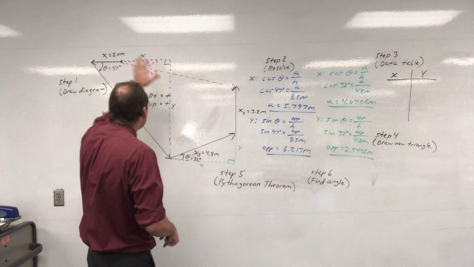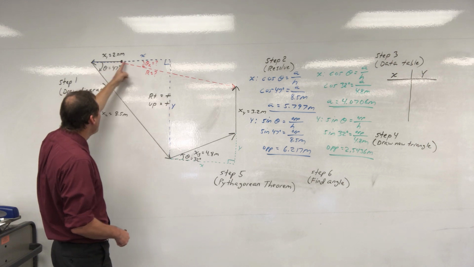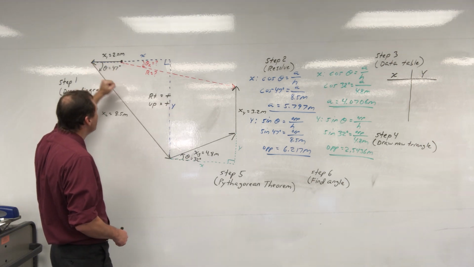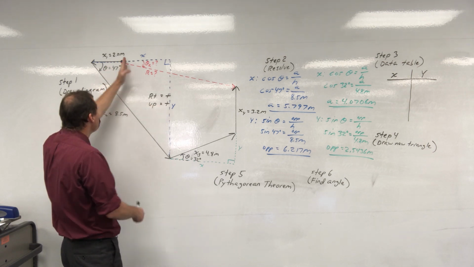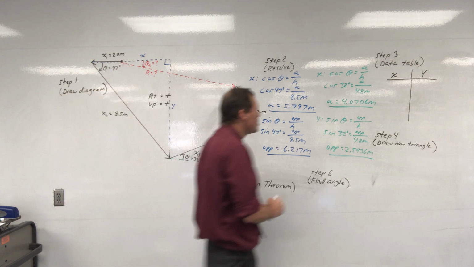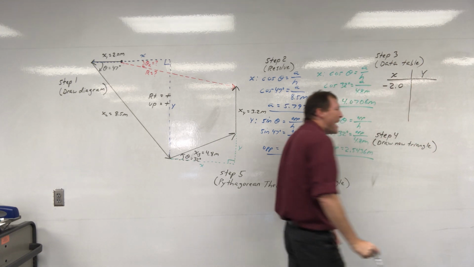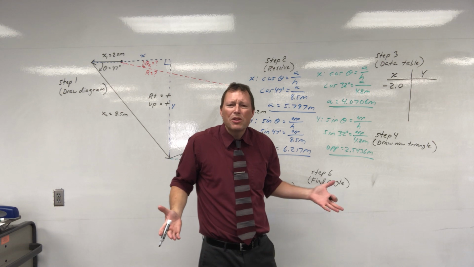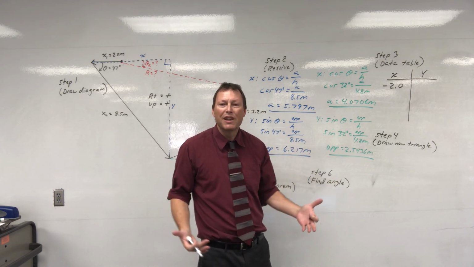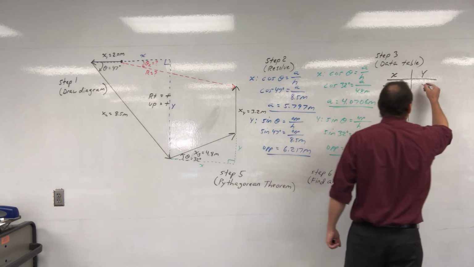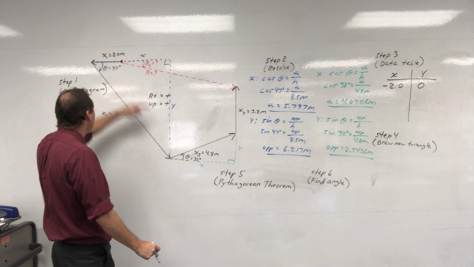So I start at the very first vector, which is 2 meters. That one's totally horizontal. And it's also going to the left. Remember, I made right positive, so that's going to be a negative 2.0 meters. So negative 2.0. And the Y part of it, I'm going to put 0. Some people leave it blank, but I like to put a 0 there so I know I'm not forgetting anything. So I'm going to put a 0 for the Y component because there is no Y component for that vector.